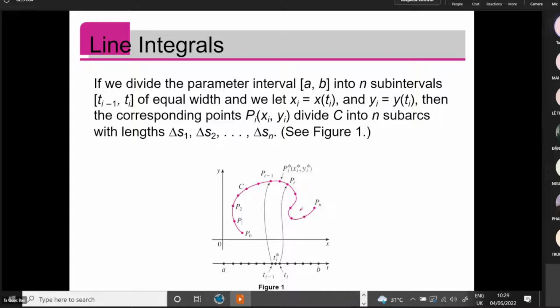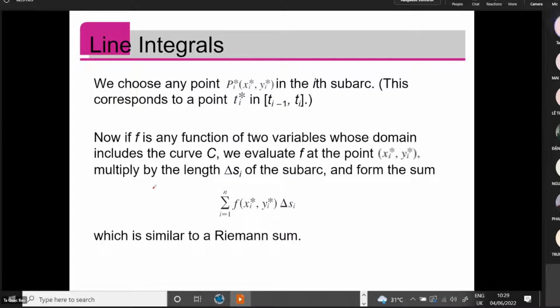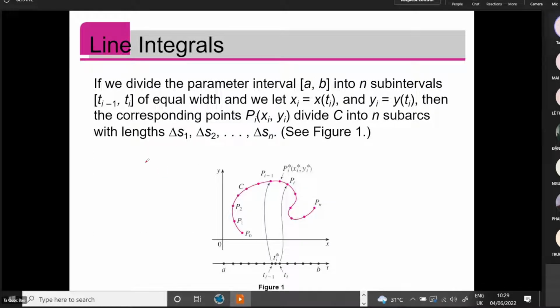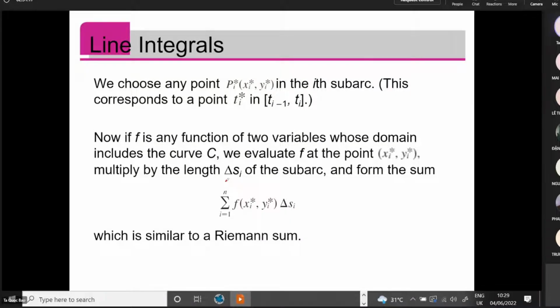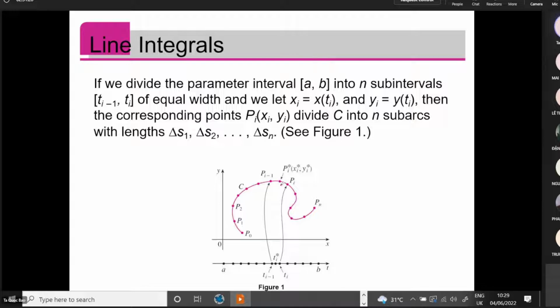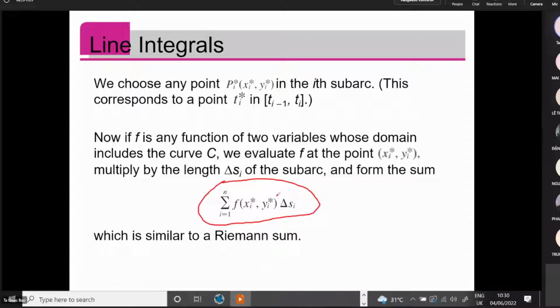Similarly to the previous definition of integration, we define Riemann sums of f at (x_i*, y_i*), where (x_i*, y_i*) is any point in each subcurve of length delta s_i. Then we take this sum and we call it a Riemann sum.